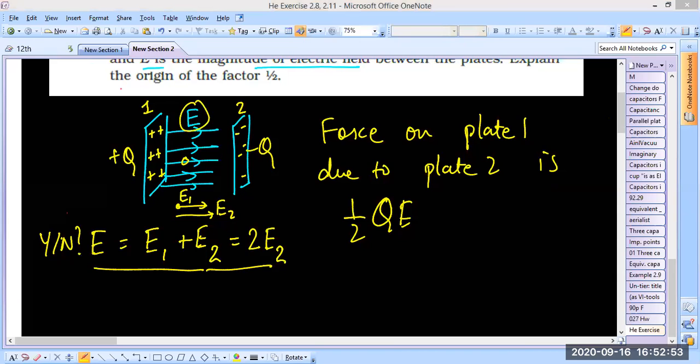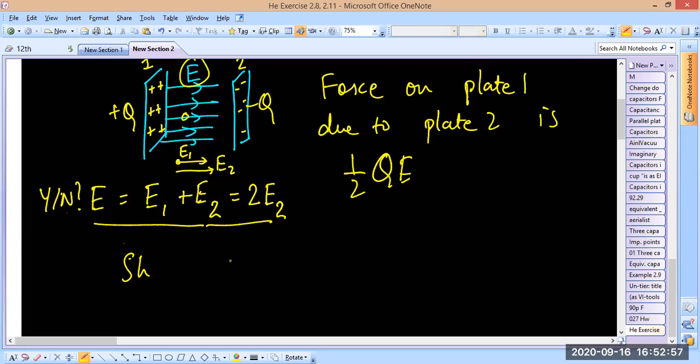Do you remember, due to one large sheet, the electric field is actually sigma by 2 epsilon 0, right? In magnitude, it is always sigma by 2 epsilon 0. So E1 and E2 both are going to be equal in magnitude.